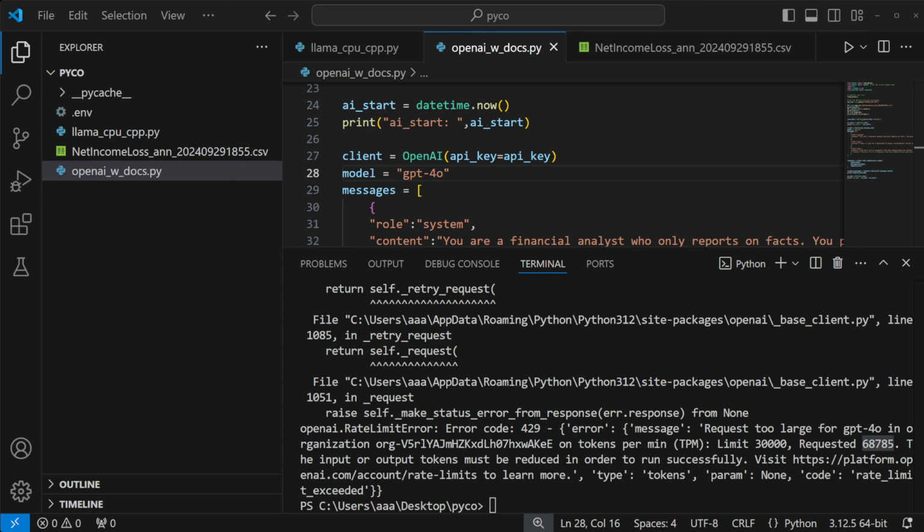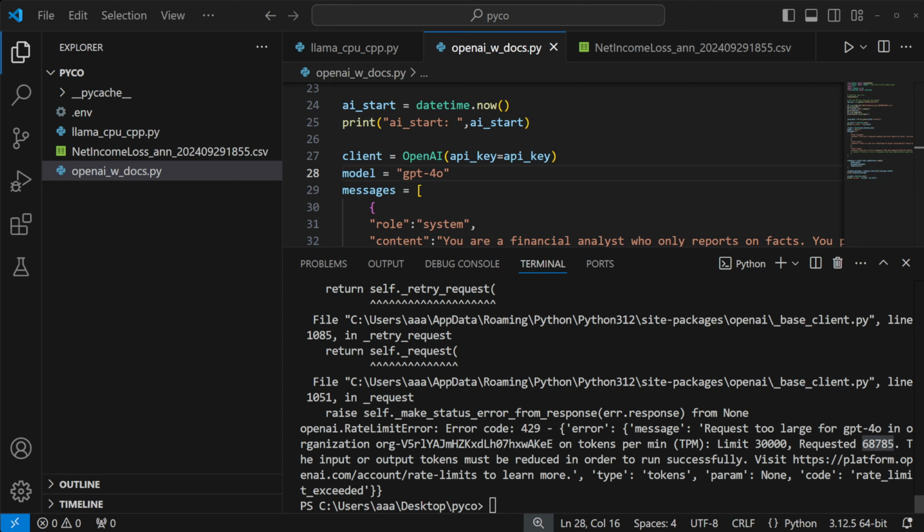That lines up with previous estimates. So for the 4o mini, I probably could have tripled my number of rows.